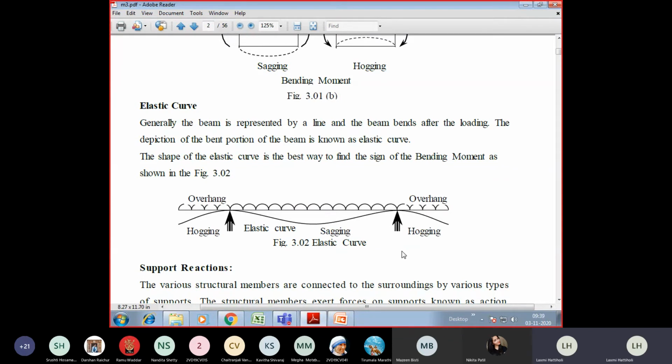Take a rubber or any elastic material, or any plastic pipe, which is flexible enough, so that this experiment will help you understand the meaning of elastic curve. Take around 30 centimeter or 15 centimeter length of flexible material, and I want you to apply the loading as it has been done here.